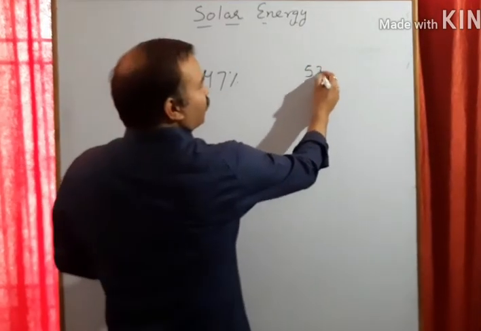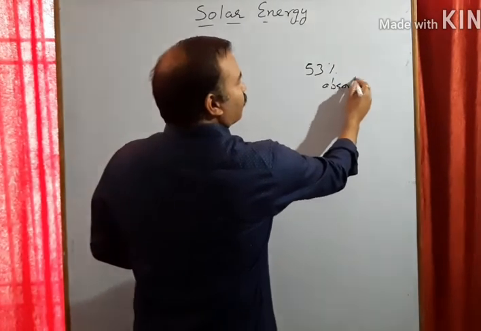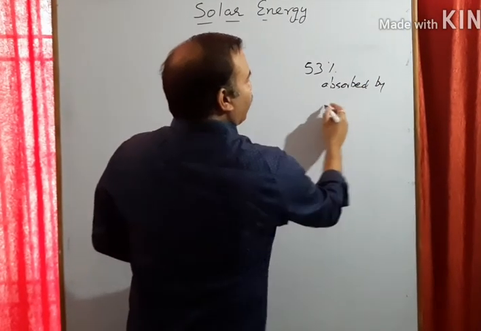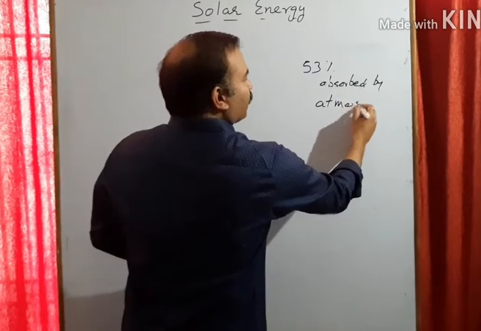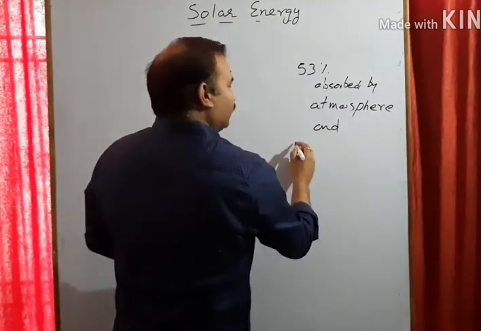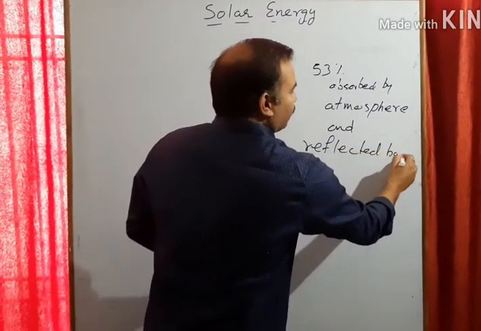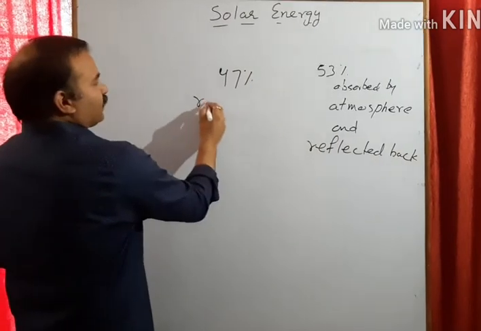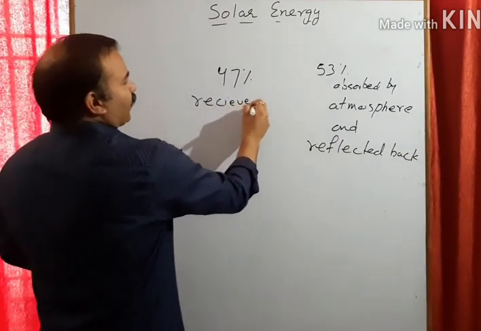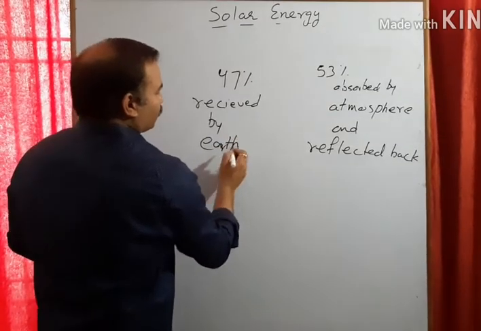The rest, that is 53%, is absorbed by the atmosphere and reflected back. This 47% is received by the earth.